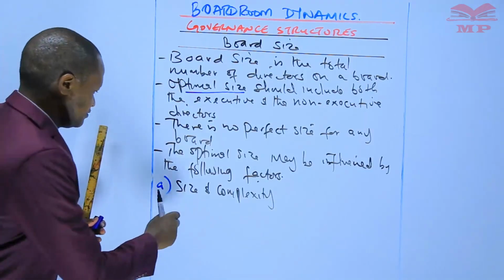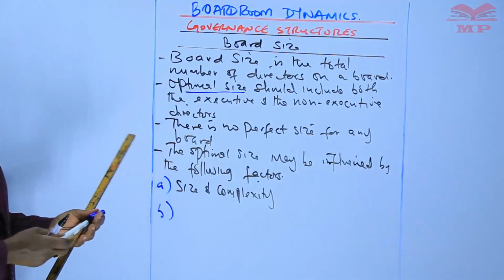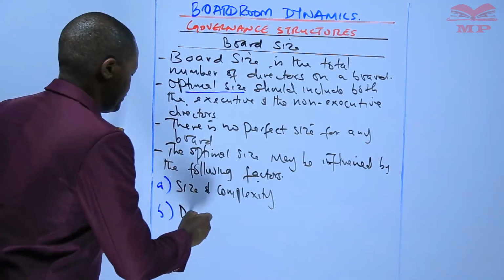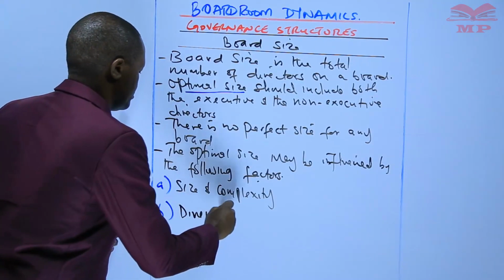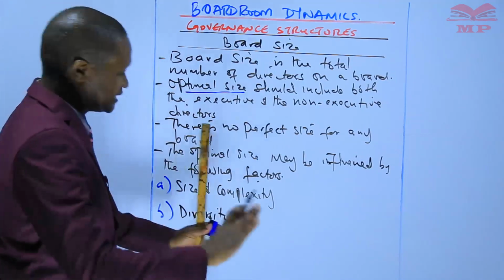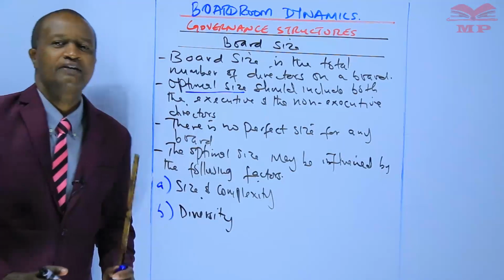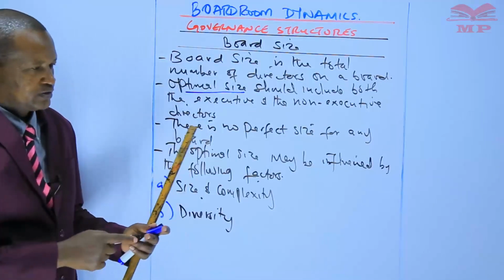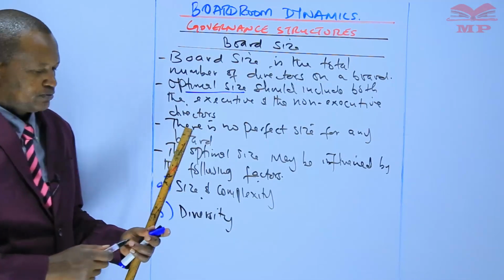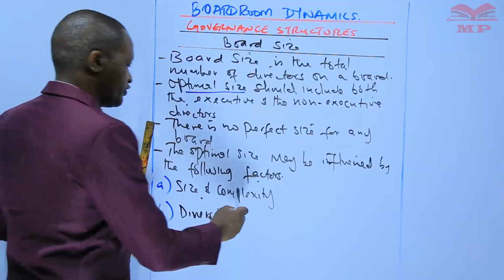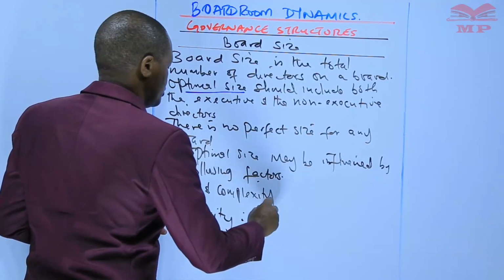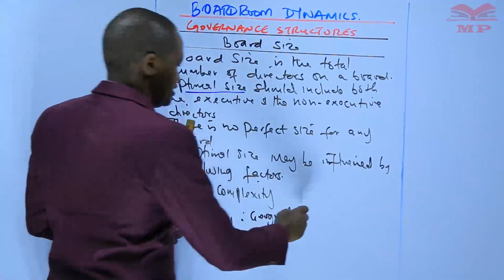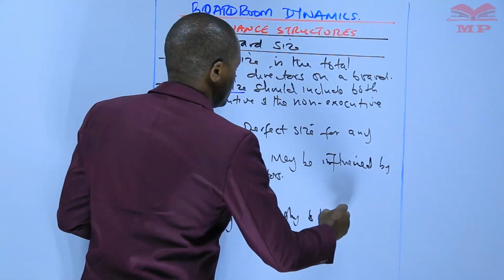Diversity of the business lines of the organization. And the diversity can be in the form of geographical diversity. It could also be functions.